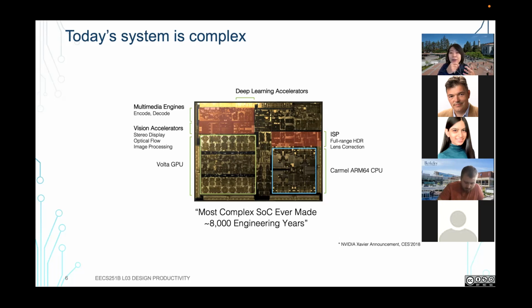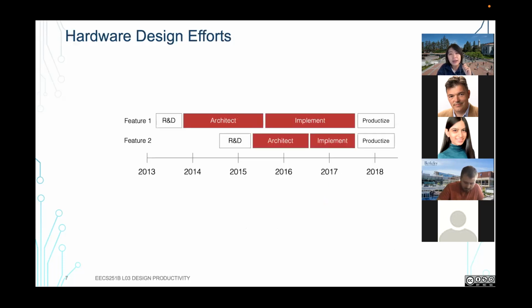A lot of different flavors of hardware are being designed to fulfill different requirements from different applications. So it takes a lot of effort. Where do we spend those design efforts if we think about the design process?